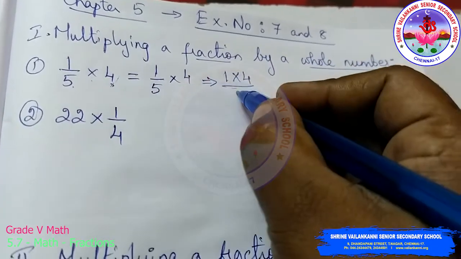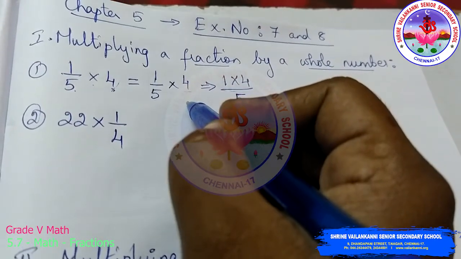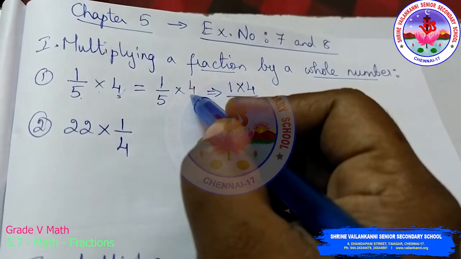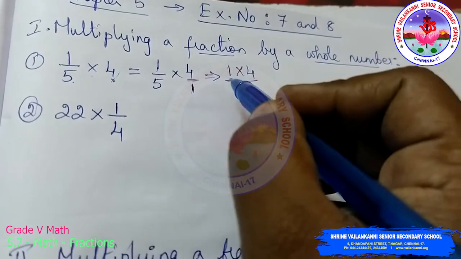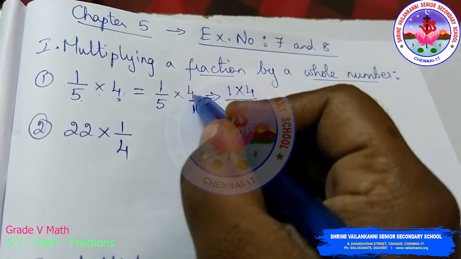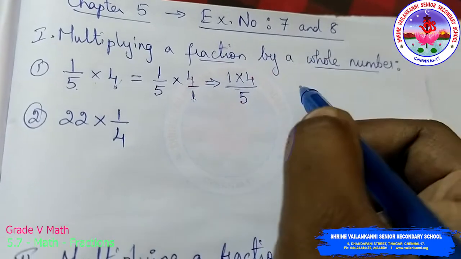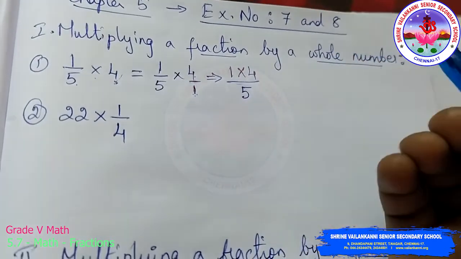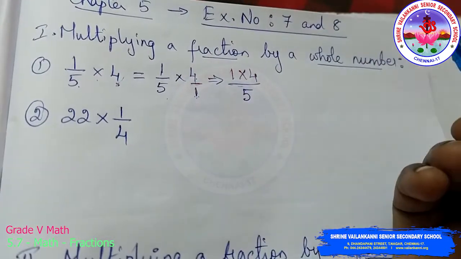You can take the denominator as common. Since there is no value given in the denominator, you can consider it as 1. The whole number you treat as a numerator, and the denominator you consider as 1, because if you consider it as 0, 5 into 0 will become 0.